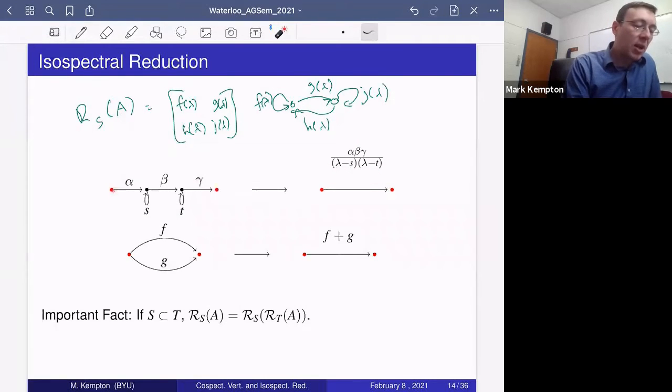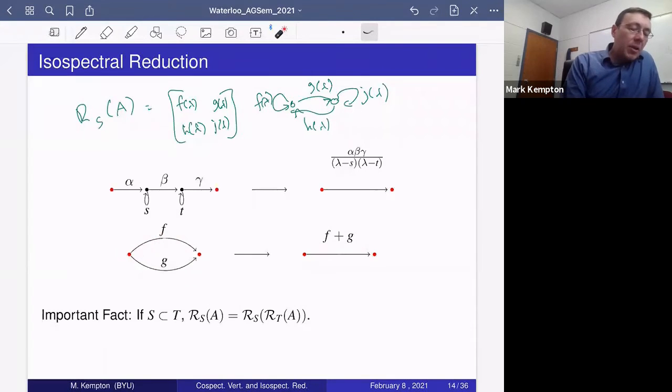If I reduce along a path between two vertices, then the weight on the edge between those two vertices is the product of the weights along that path divided by lambda minus the weights on any loops on the vertices in that path. And if I have two different paths between two vertices, then in the isospectral reduction the weights on those paths add together.